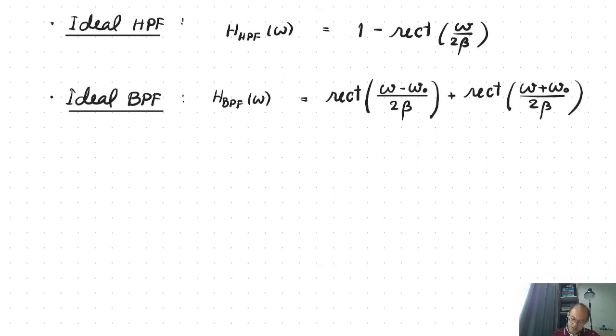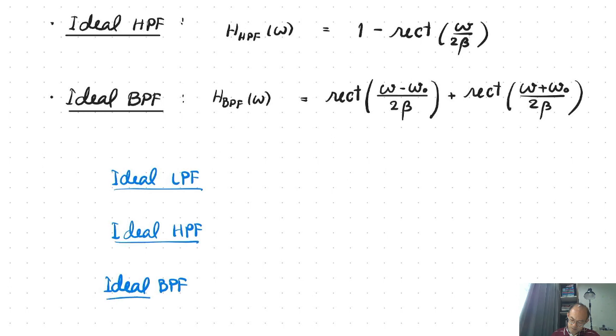So if we plot it, the ideal low pass filter, ideal high pass filter, and ideal band pass filter. The ideal low pass filter looks like this.